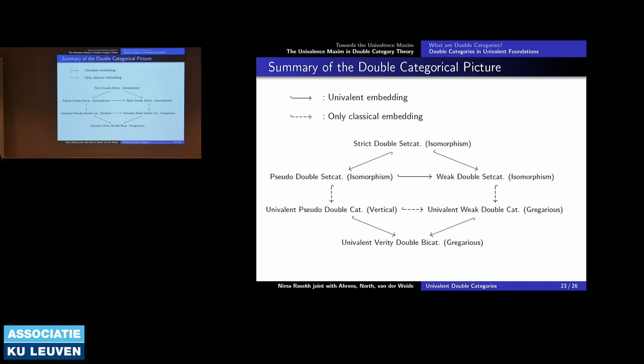But for the gregarious one it's tricky. I didn't mention this in the talk because it would have been too late, but there's this whole business of mates, and that's where the word gregarious comes from. I don't know how to decompose mates. My guess would be that you can't do it, but I'm happy to discuss this more. Okay, thank you.